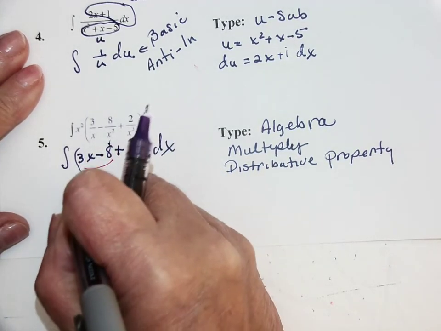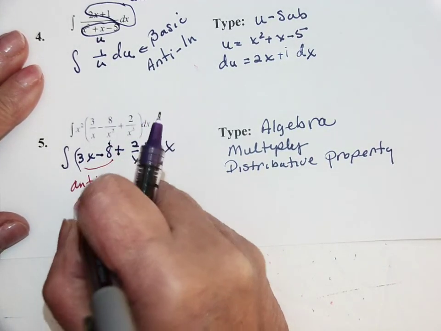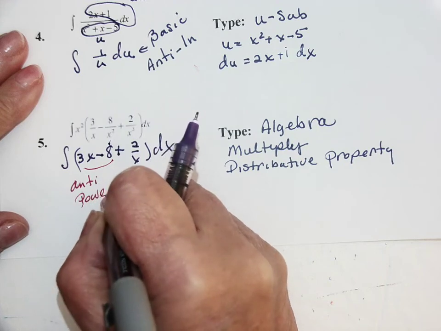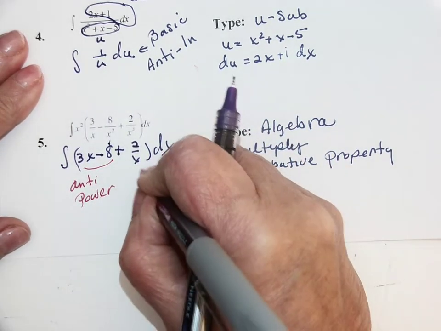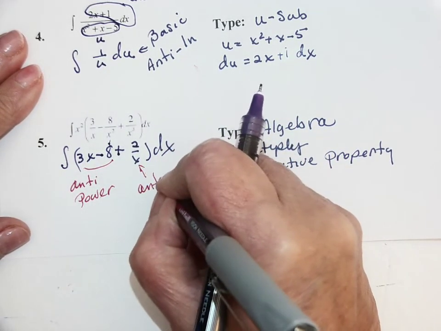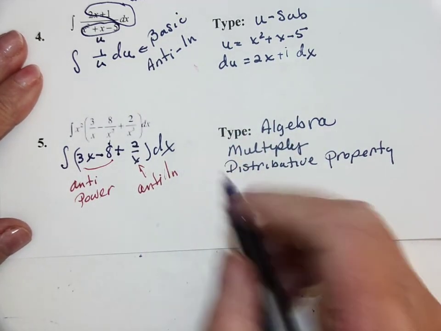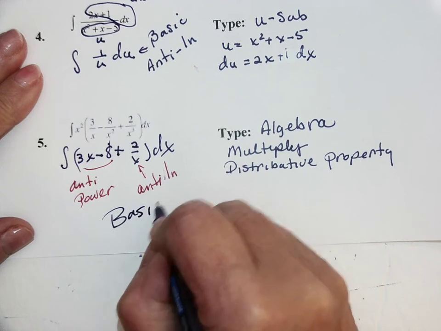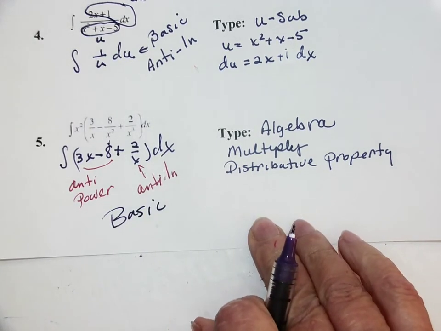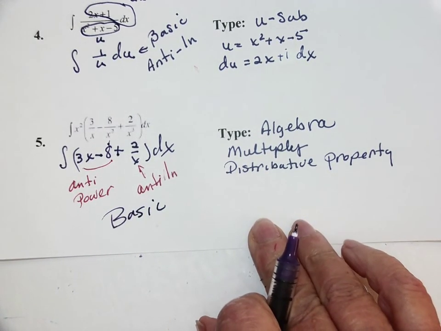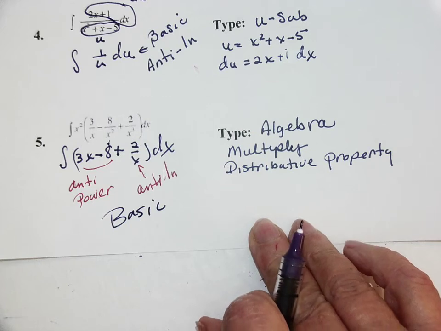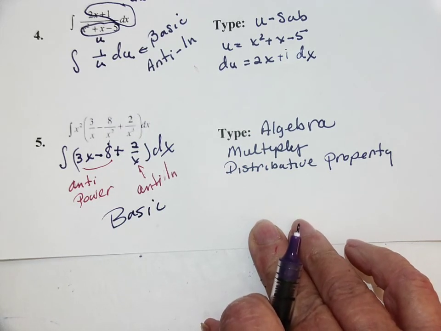This is anti-power rule. This is anti-log, or anti-natural log. So we've got a basic. And that's literally what you get used to as you add more methods of integration.